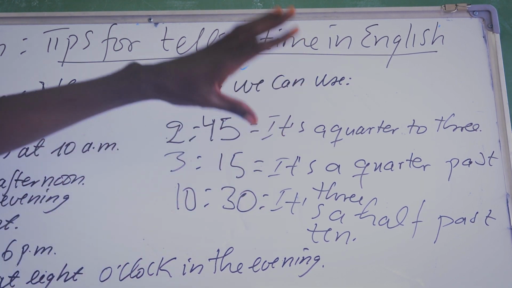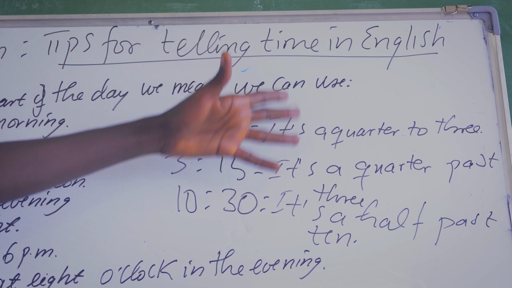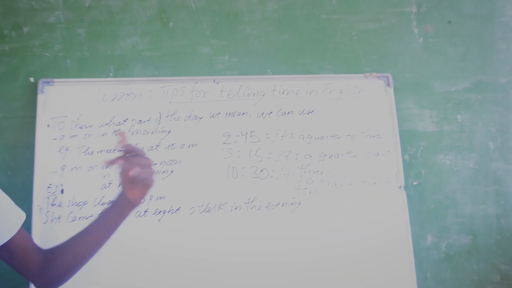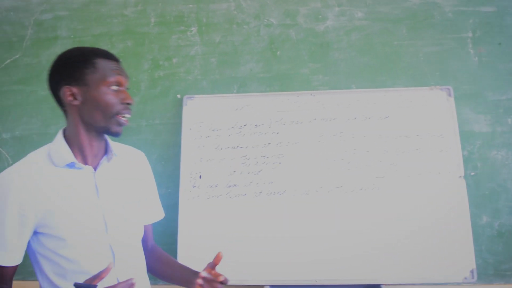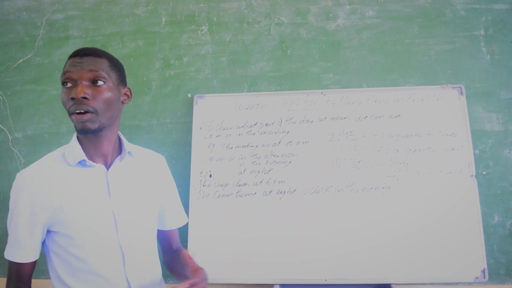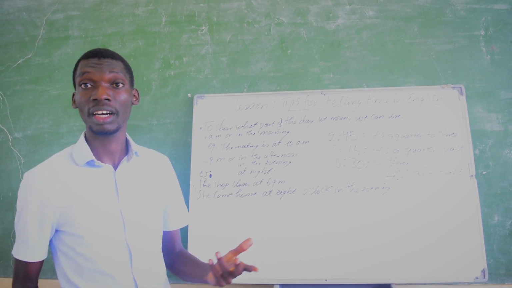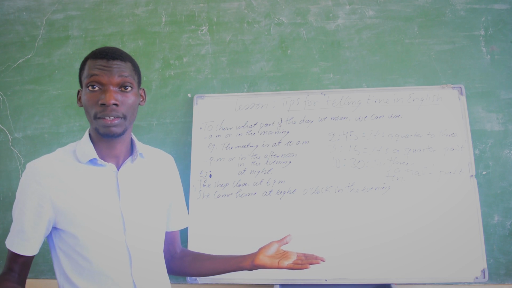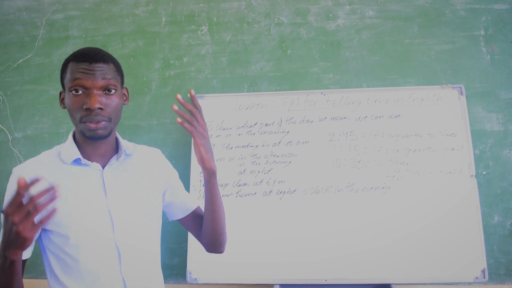Okay? So by referring to these expressions you see right here, I think that you are able to tell time. Whenever somebody says, hey, what time is it? Hey, what's the time? I feel now you're able to tell time in English.